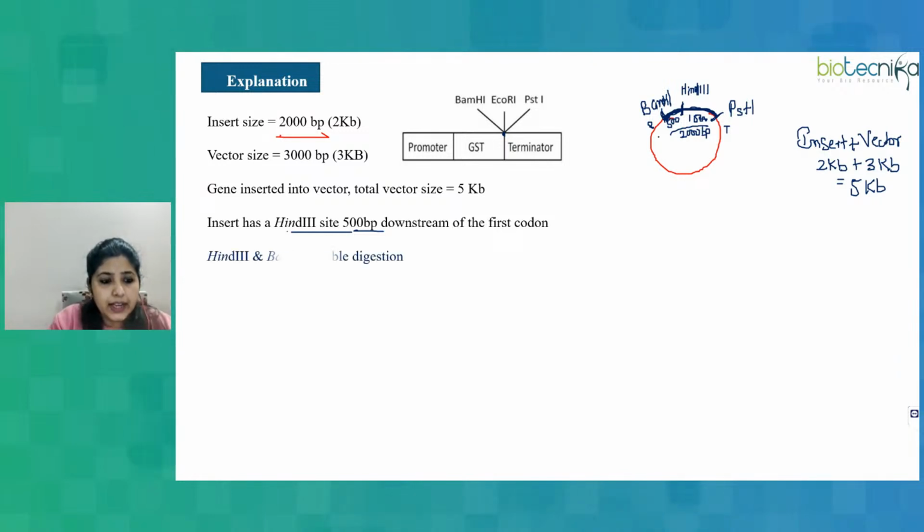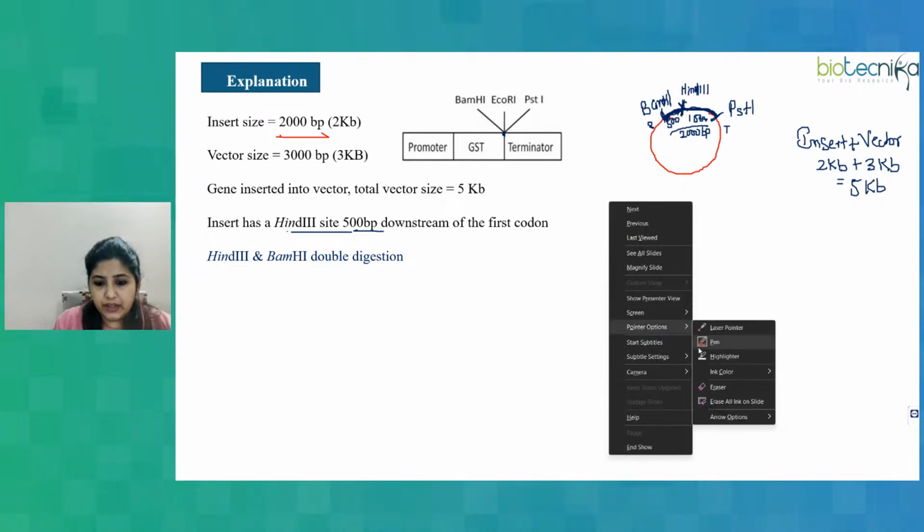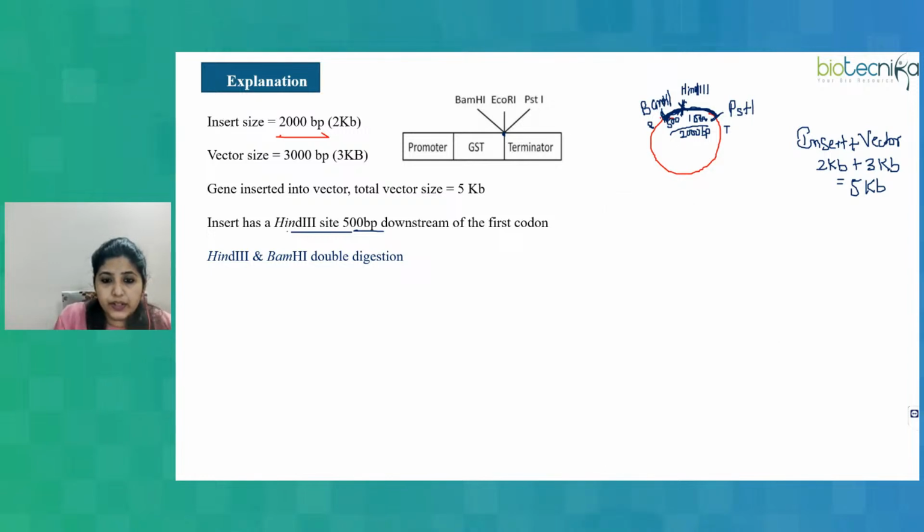Now, paying attention to the important detail: double digestion means you are performing the digestion using two enzymes, Hind3 and BamH1. So how many fragments you will get? This is Hind3, so the enzyme will cut over here, right?